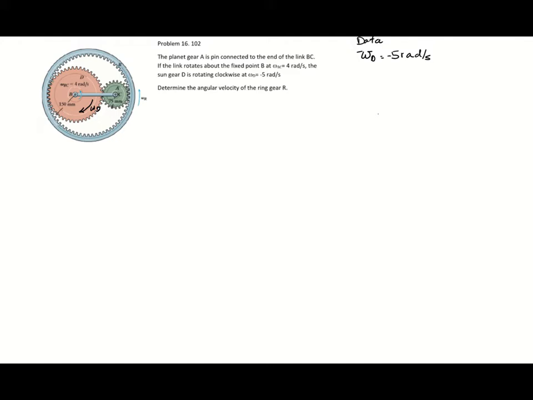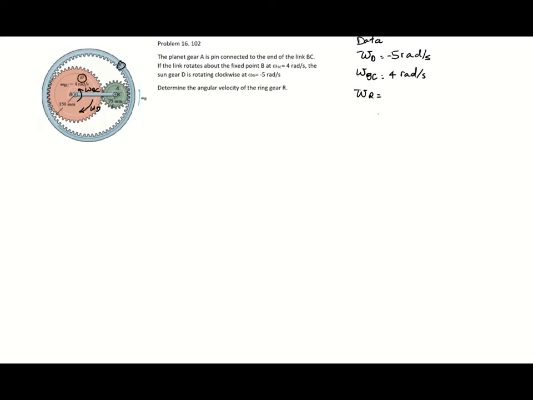And then we have the angular velocity of the link BC, which is 4 radians per second. That one is this one right here. And we'd like to find the angular velocity of gear R, which is this one right here.